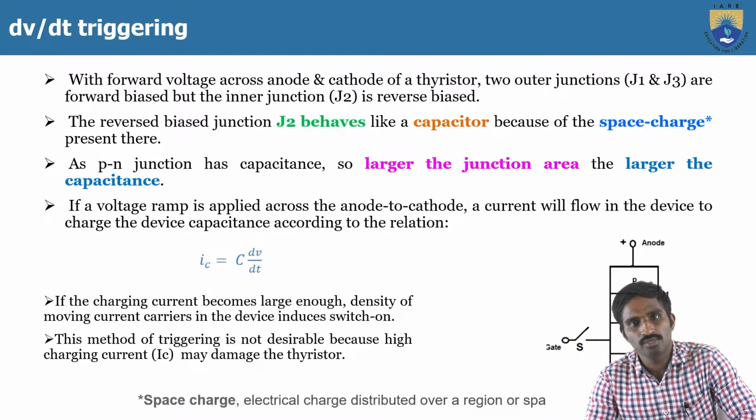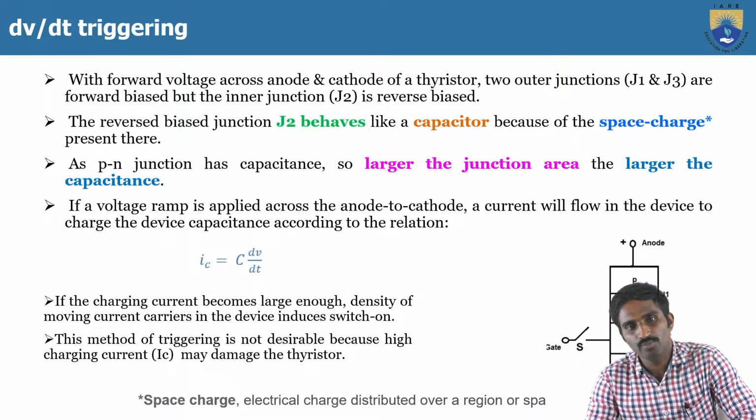To allow the flow of current from anode to cathode, we must break down the junction J2, which means it is the turn on or the conduction mode of the SCR.